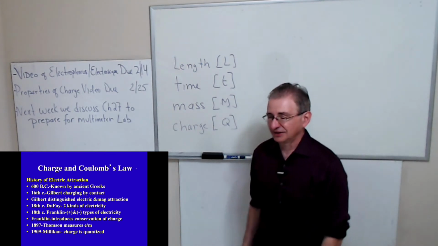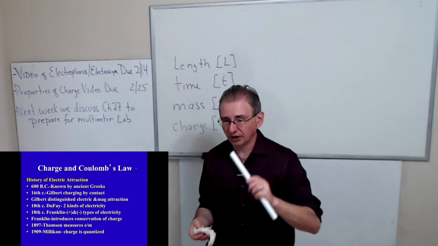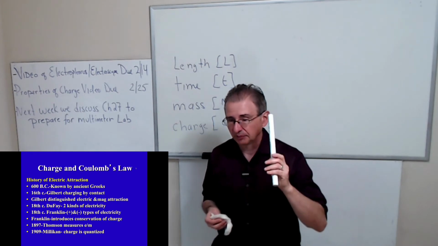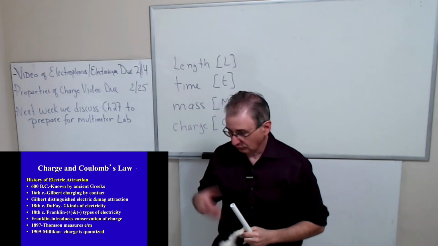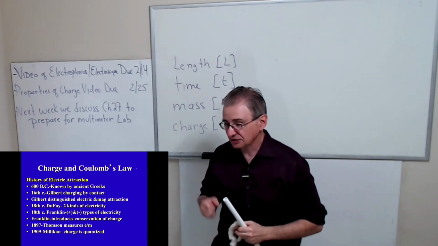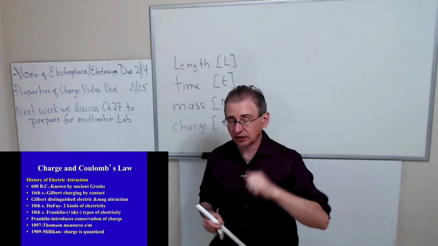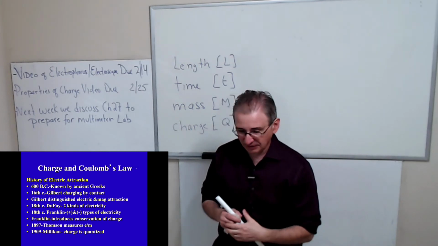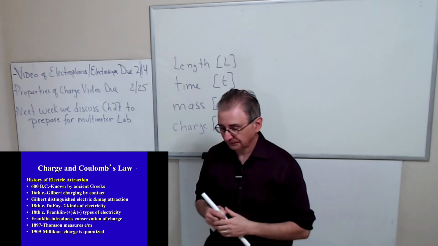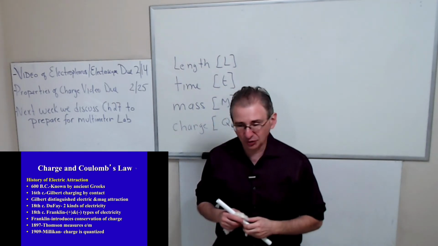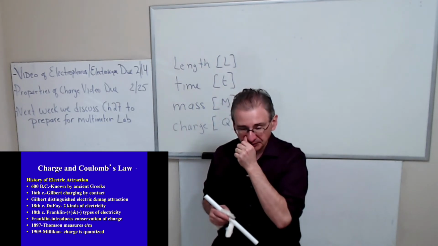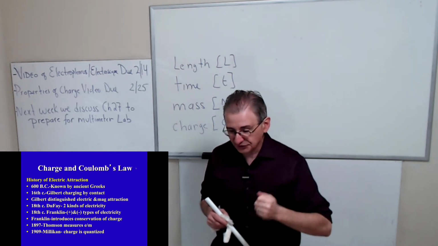Now, this semester, we're really going to be working with the PVC rod and fur more than anything. We can charge things positively by using silk and glass, but I found last semester that the results for the students were not very good. So I kind of stayed away from you doing experiments with the glass rod and the silk.